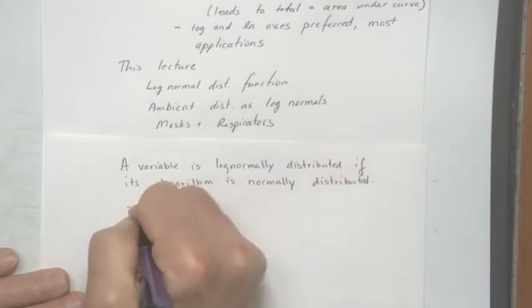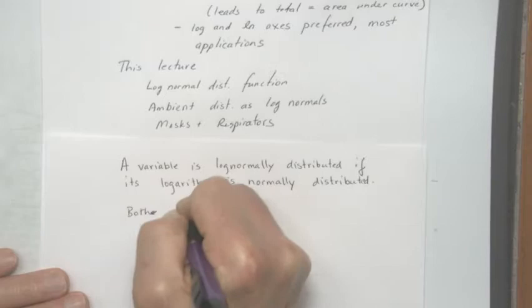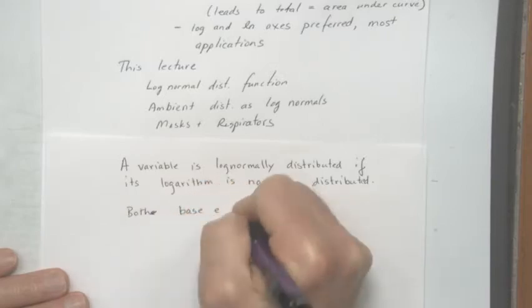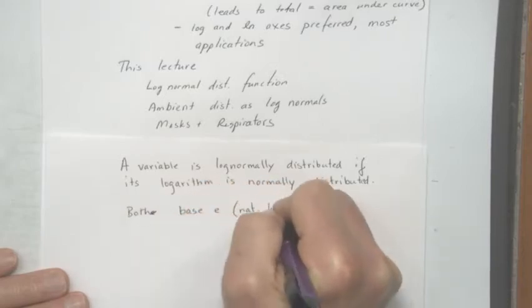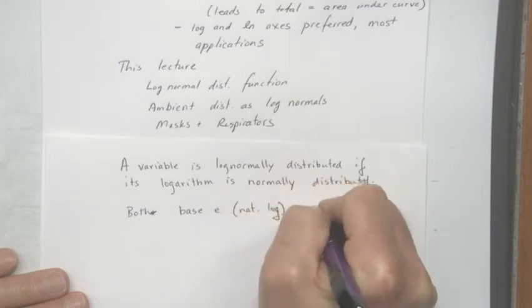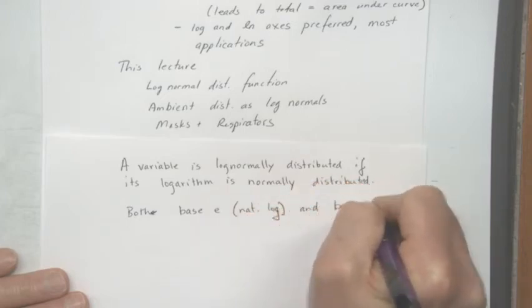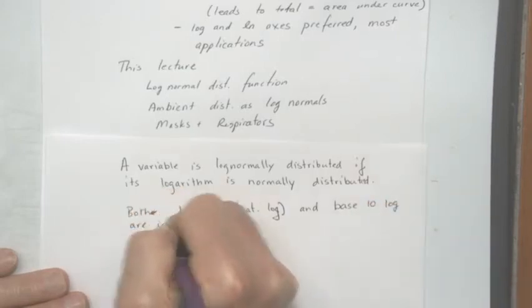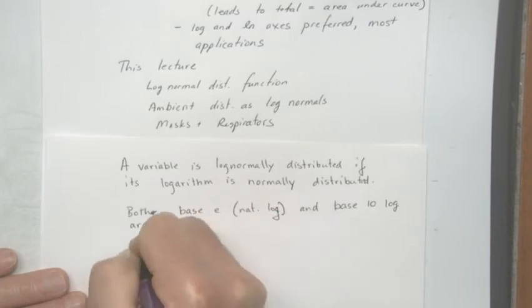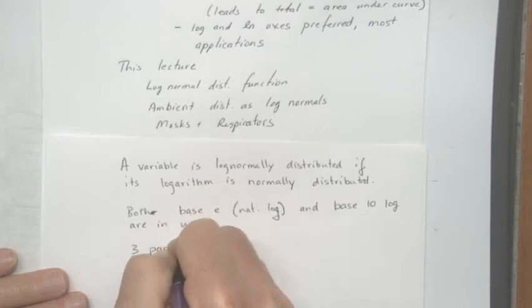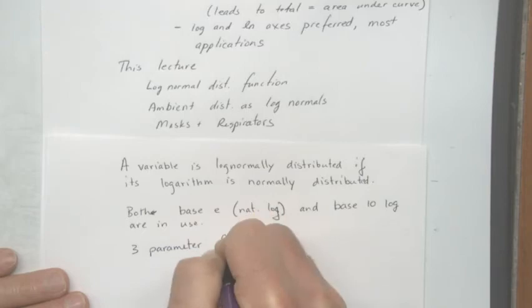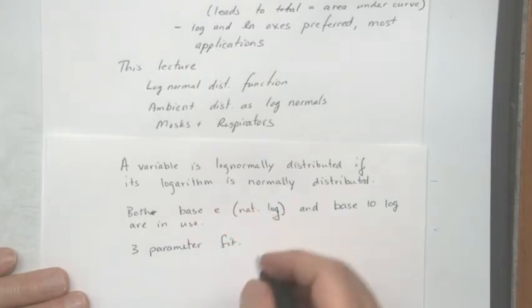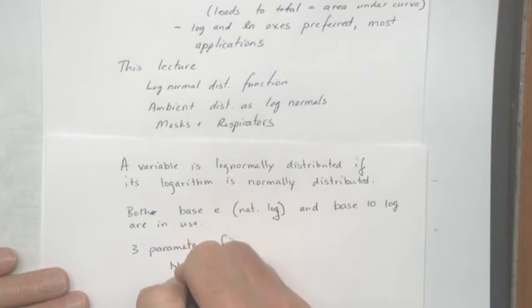And both the base E, natural log, and the base 10 log are in use. It's a three-parameter representation of the function. We have Nt, which is the total number of particles.